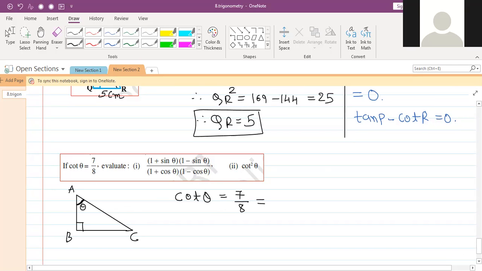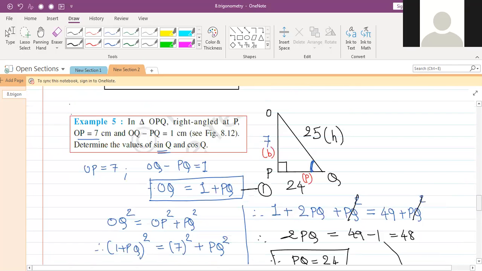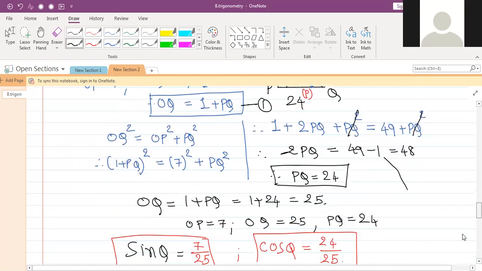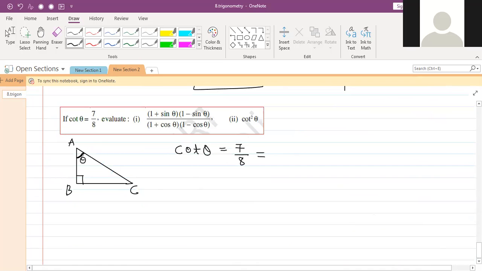Cot theta according to the formula of trigonometric ratio, that is adjacent upon opposite, or perpendicular upon base. If we consider this one as my angle theta, so this one is a perpendicular and this one is a base, so we can consider this value as 7 and this one as 8.